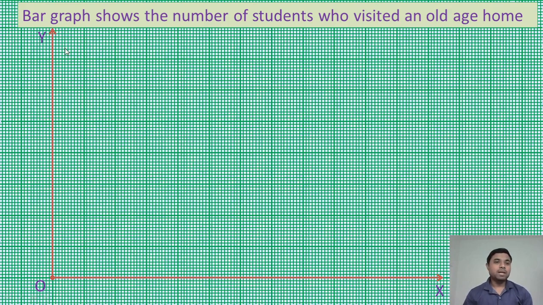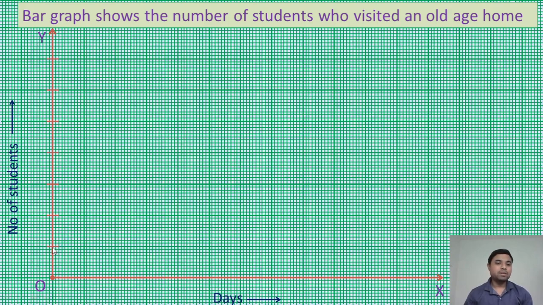Now we'll mark. We'll write the days along the x-axis, and we'll write the number of students along the y-axis, and give this arrow symbol also. Now we'll count here.